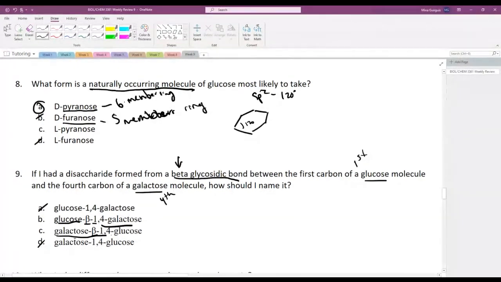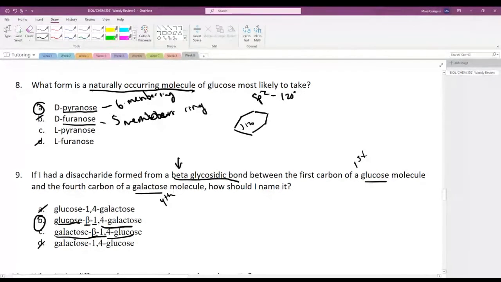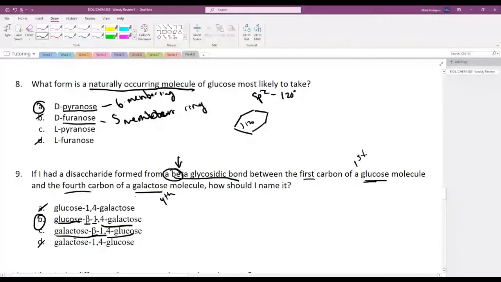Or galactose 1, glucose 4. The first number corresponds to the first sugar, the second number corresponds to the second sugar. So because of this, we know it's B because it's glucose 1, beta, 4, galactose.